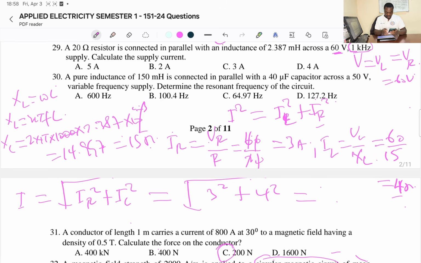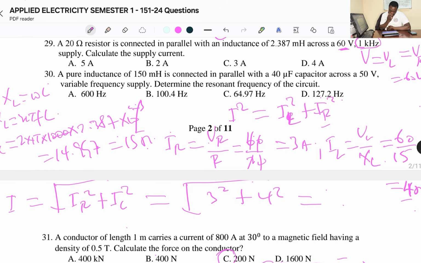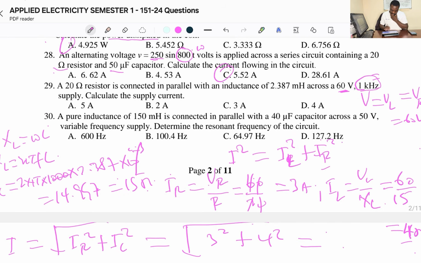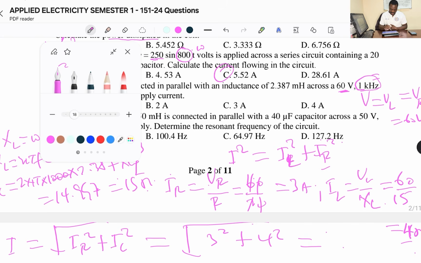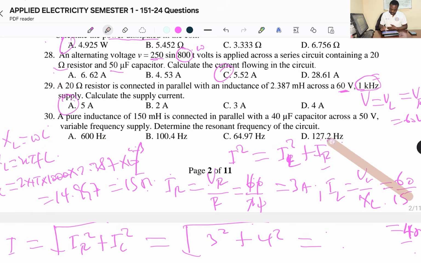That is 9 plus 16, so you get 25. So the answer here should be equals to 5. So that is for question 29.